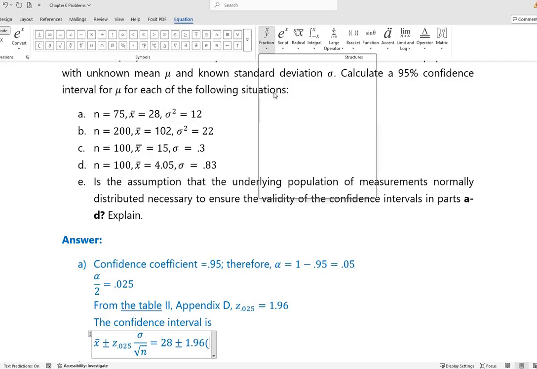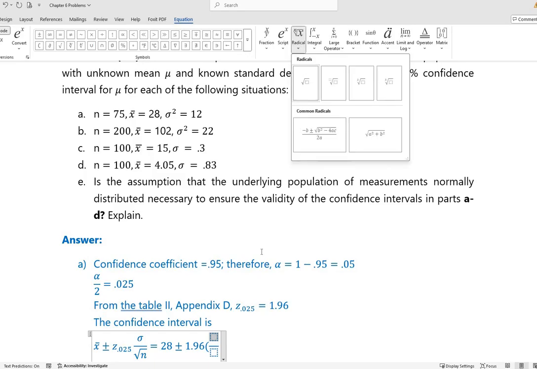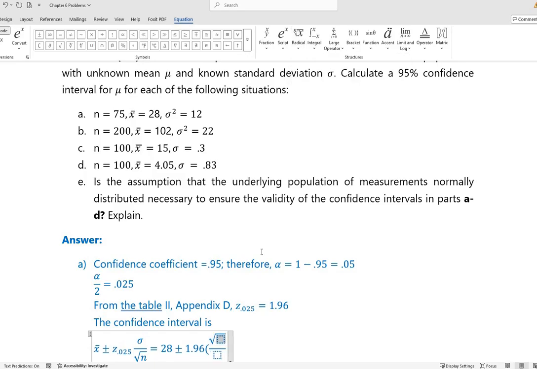The standard deviation is the square root of the variance, so it is square root of 12 over square root of n, and n is equal to 75.